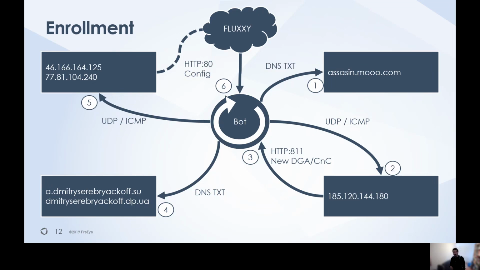It is okay to use. So if you pass all those stages, all those tests, and if you do the beaconing correctly, at some point you would receive a final production configuration from the Fluxxy network. And this is how you know that binary is completely related to Fluxxy, because the source of the config would be a Fluxxy subnetwork.